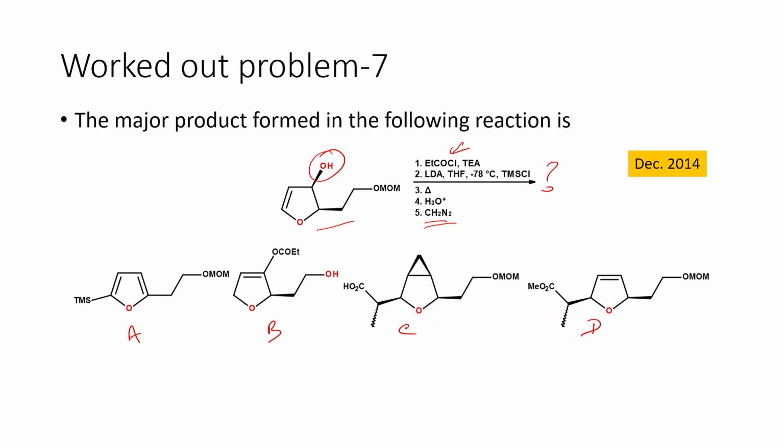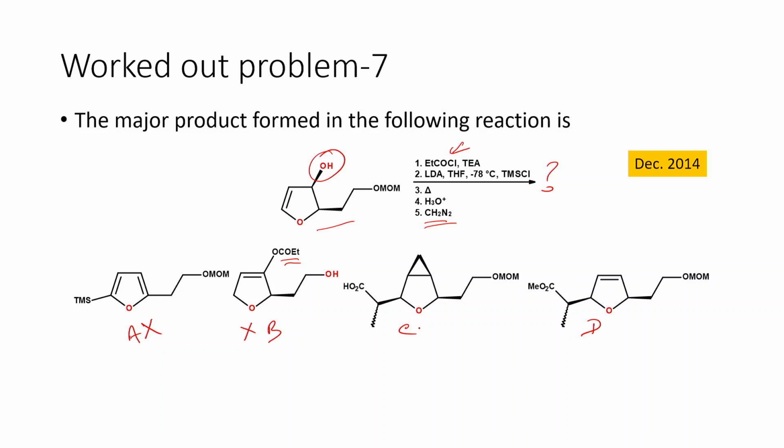If you look carefully, there are various crucial steps we have to remember. Since the last step involves a diazomethane reaction, that means introduction of a methyl unit to the product. If you look at option A, there is no methyl unit, so option A can be completely ruled out. In B, we have CO2Et, so there is no methyl unit in the product, and B can also be ruled out.